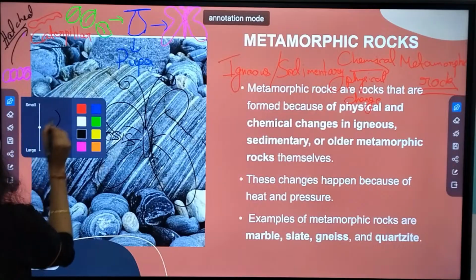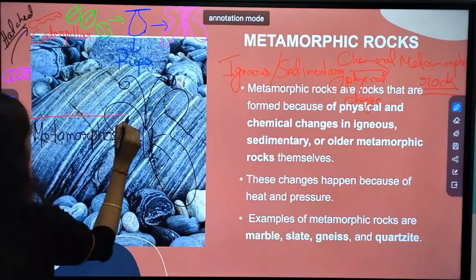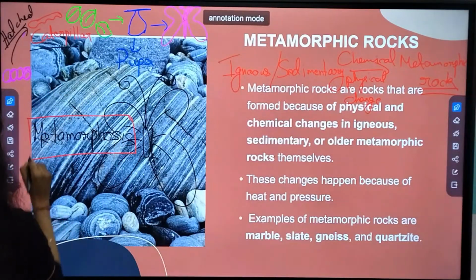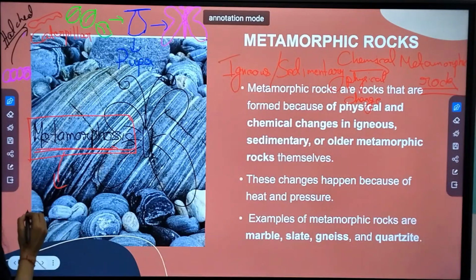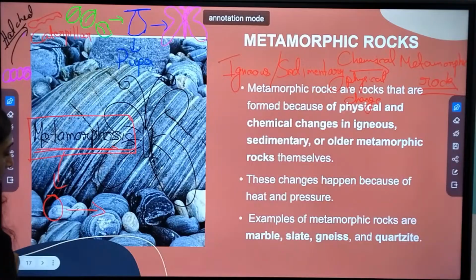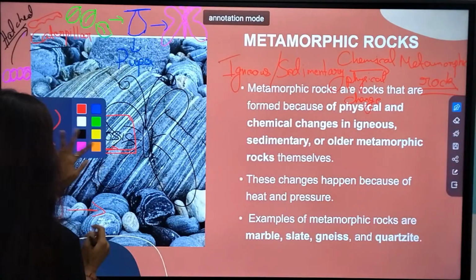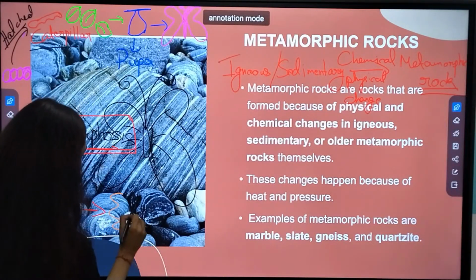It is known as what? It is known as metamorphosis. So from this, metamorphosis means something was at a particular state and after certain changes it got changed into something else.